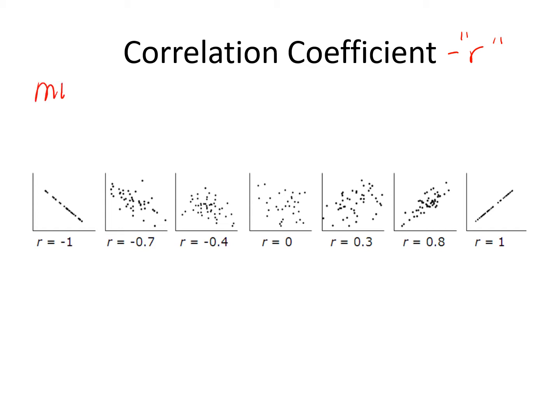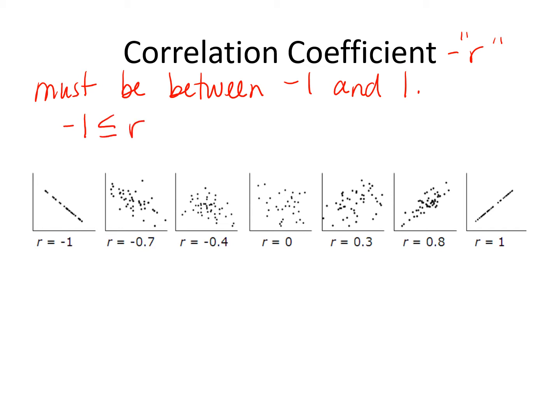So it must be between -1 and +1. Just to review our inequalities, -1 ≤ R ≤ 1. And that correlation coefficient measures your goodness of fit.